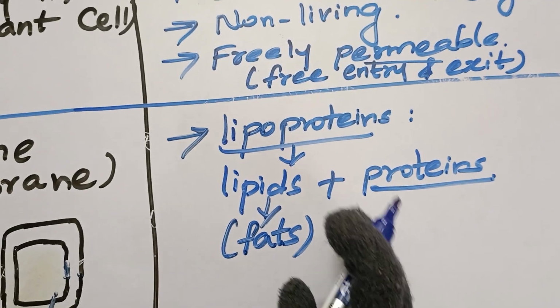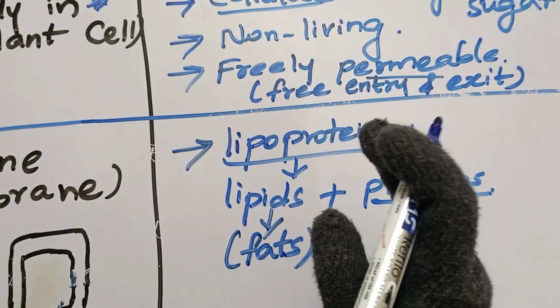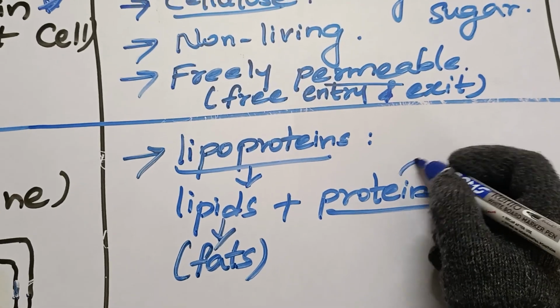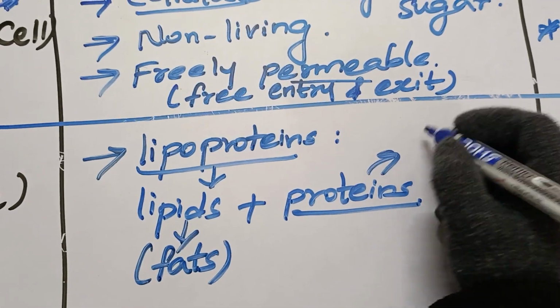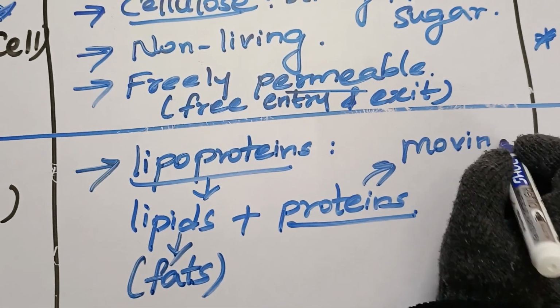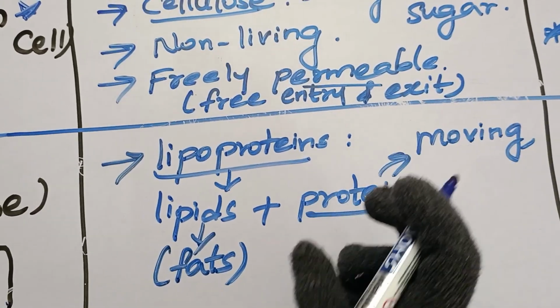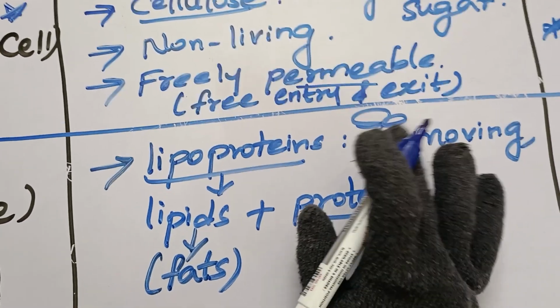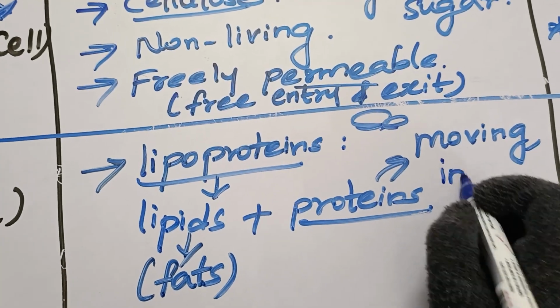So the plasma membrane or cell membrane is made up of lipids and proteins together, and these lipids and proteins will be continuously moving. They will be moving together, and they will be interacting.